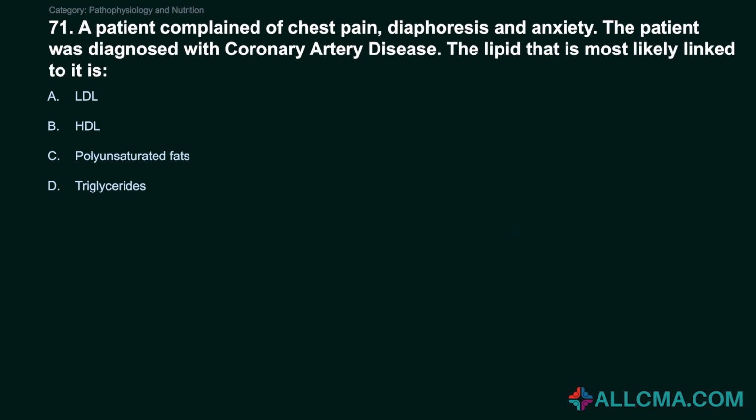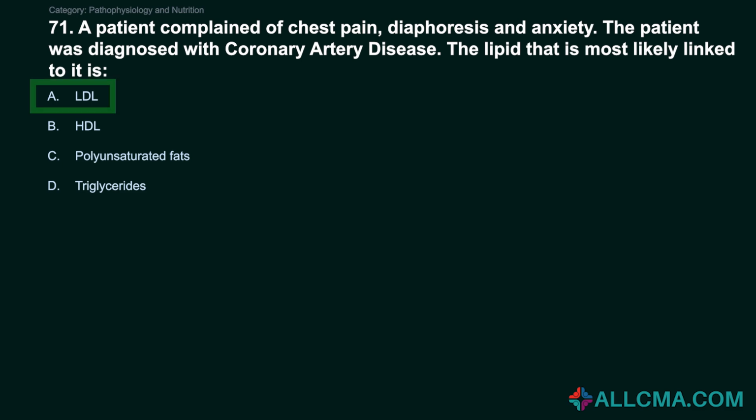71. A patient complained of chest pain, diaphoresis, and anxiety. The patient was diagnosed with coronary artery disease. The lipid that is most likely linked to it is A. LDL. B. HDL. C. Polyunsaturated fats. D. Triglycerides.